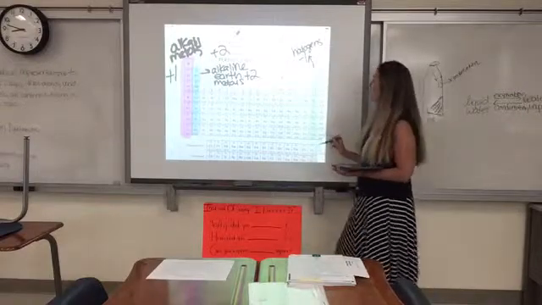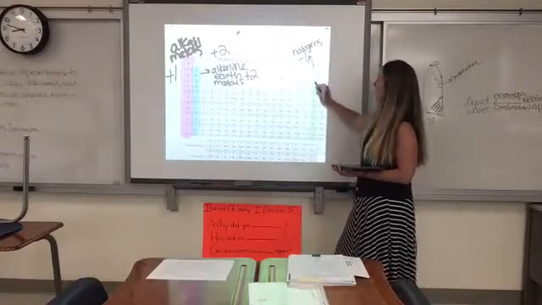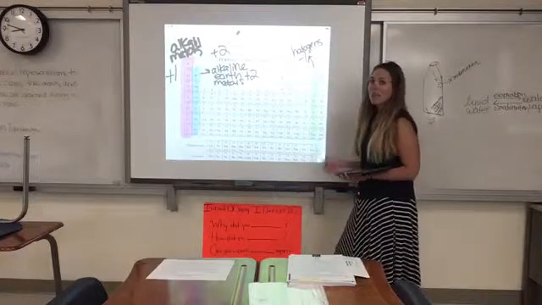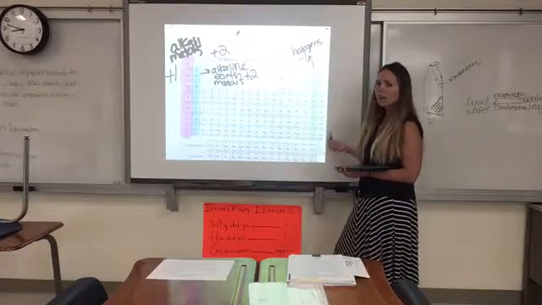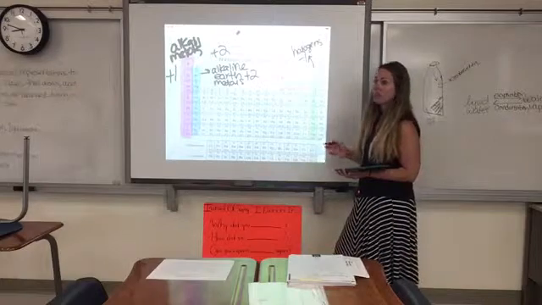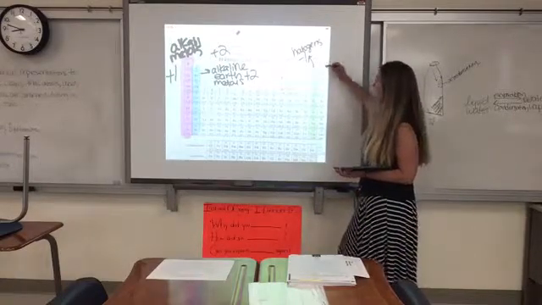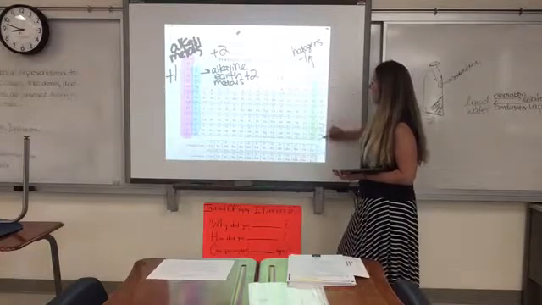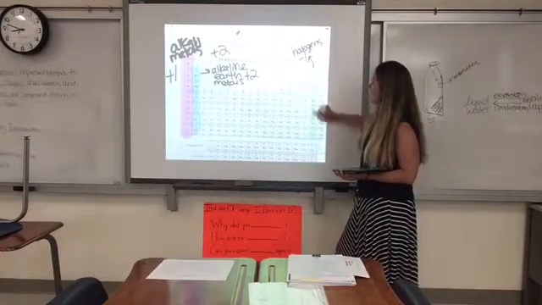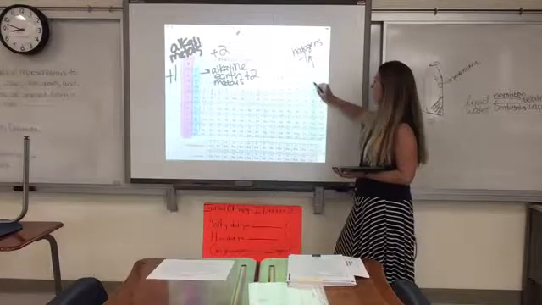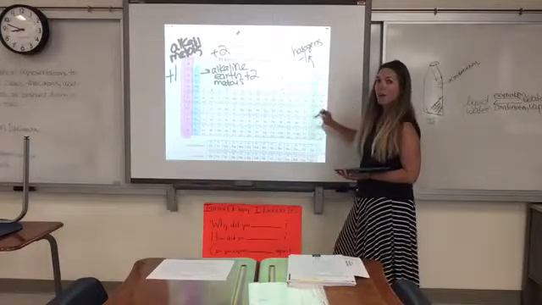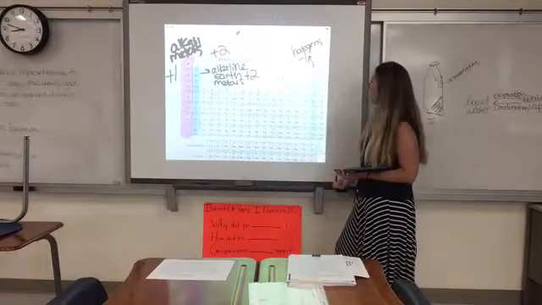And the reason that their charge is -1 is because, again, everybody's trying to be like the noble gases, because the noble gases have complete outer shells or 8 valence electrons, which is the goal, okay? So because the noble gases have 8 valence electrons, the halogens only have 7. So what do they need to do? They need to gain 1 to be like the next door noble gas.